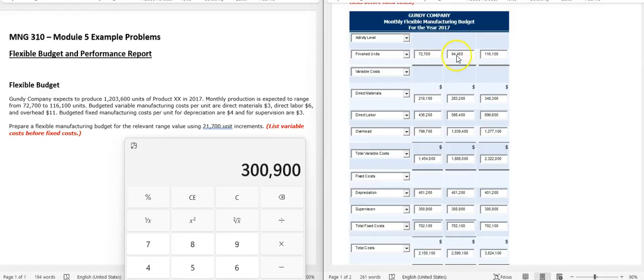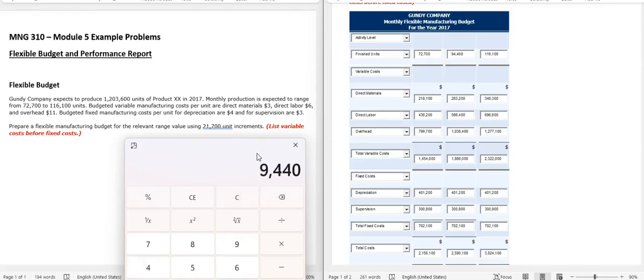Multiply the level of activity times the variable costs per unit, 94,400 times variable direct materials of 3, budgeted direct material costs 283,200. 94,400 units produced times the labor costs of 6, budgeting 566,400 for labor cost.